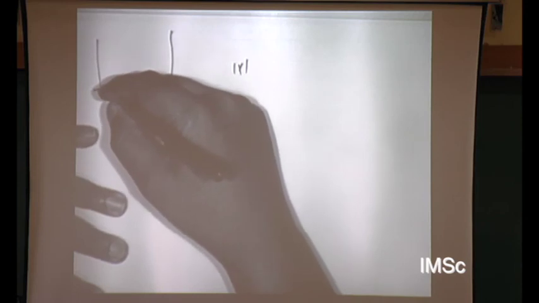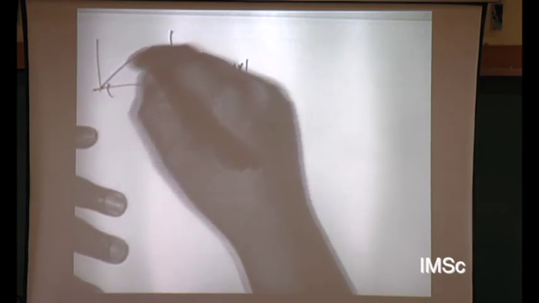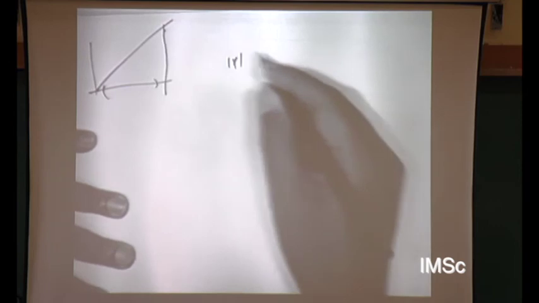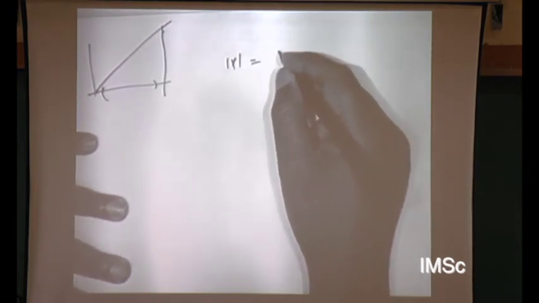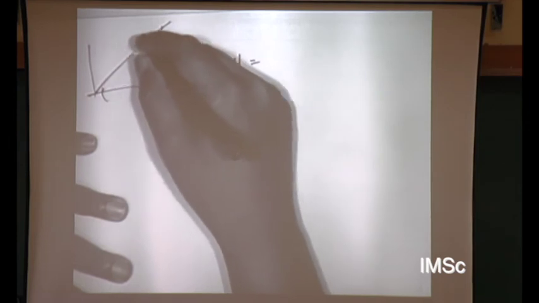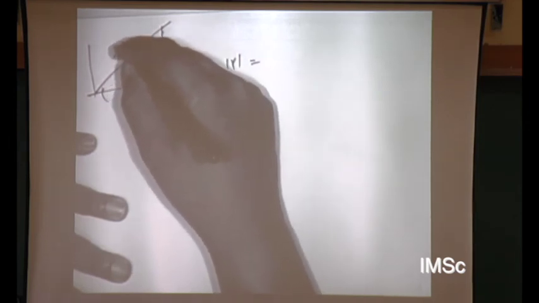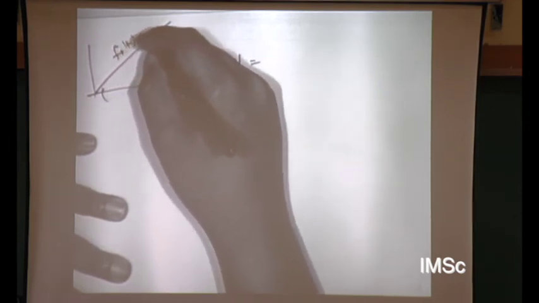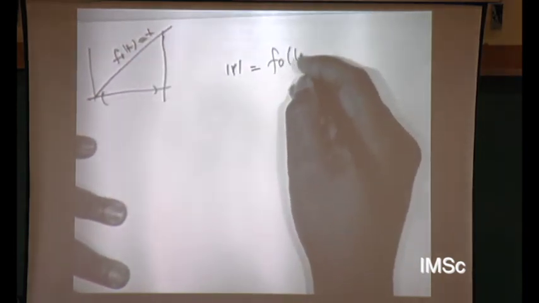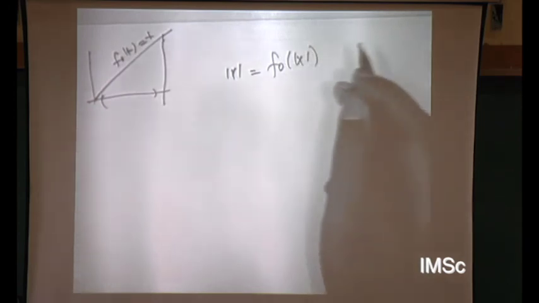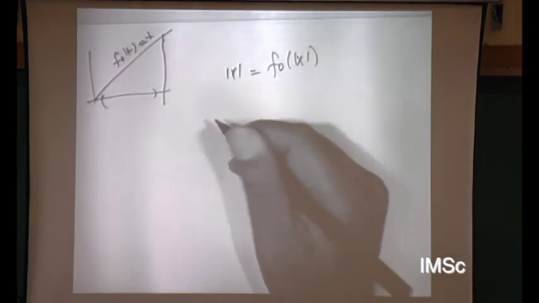Mod X is the functional calculus corresponding to this function t. We call this f naught of t equals t. This is f naught of mod X.